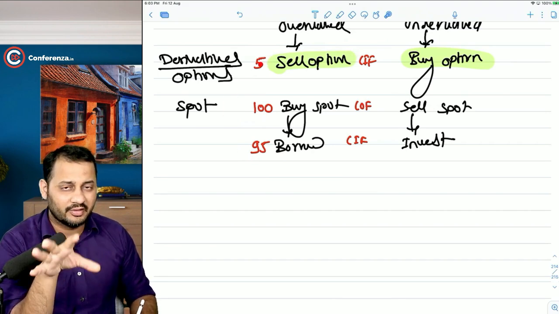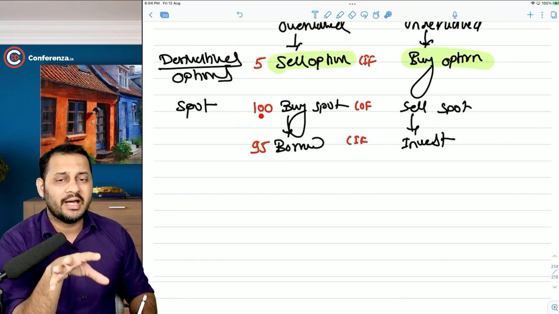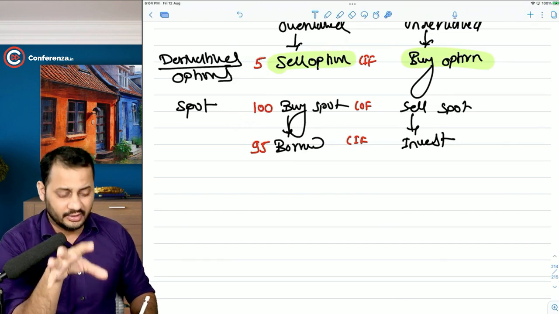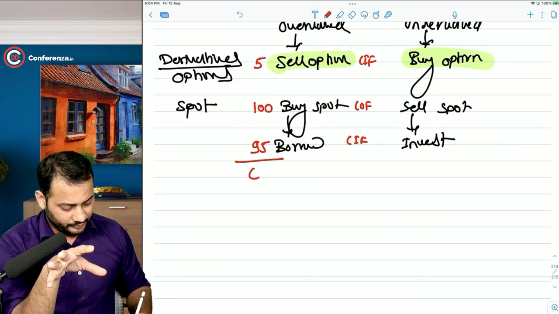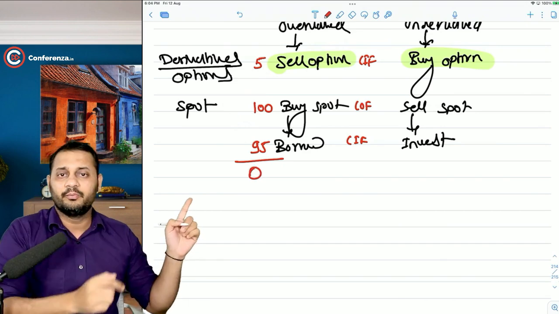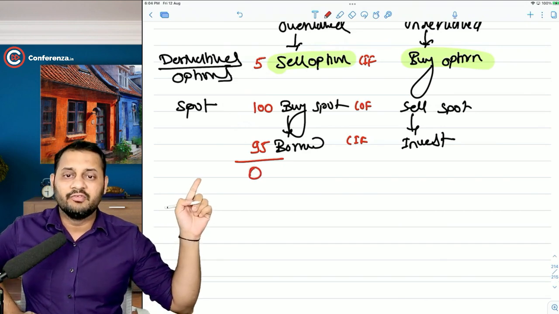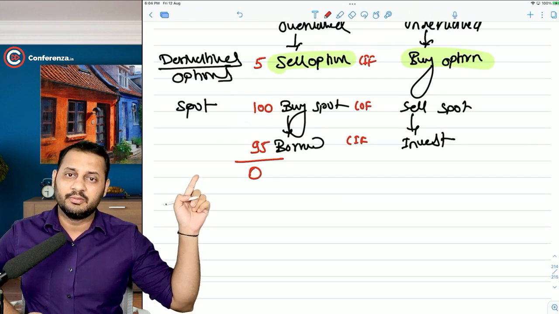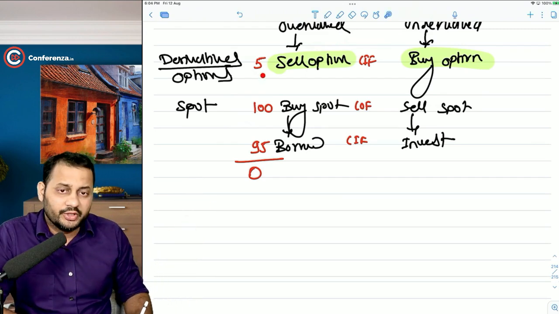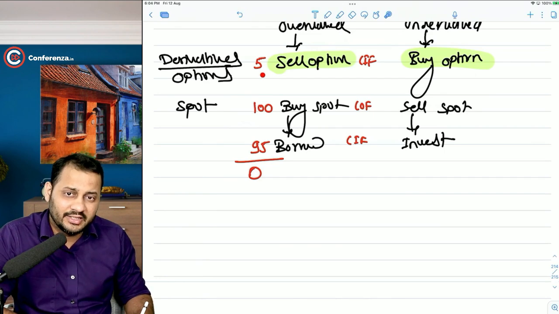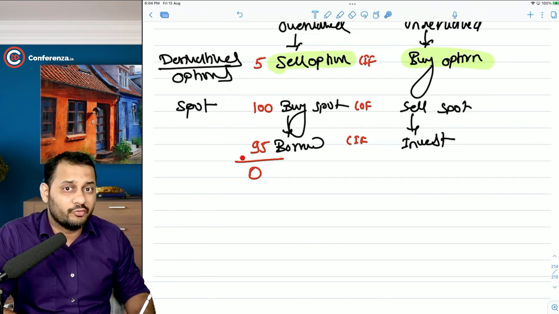So the total will be 100 with you, and you can buy the stock at 100 rupees. This is your zero cash flow portfolio, called a zero investment portfolio, because you knew you were going to get 5 rupees from the option selling and you borrowed only 95. With that 100 you bought the stock.